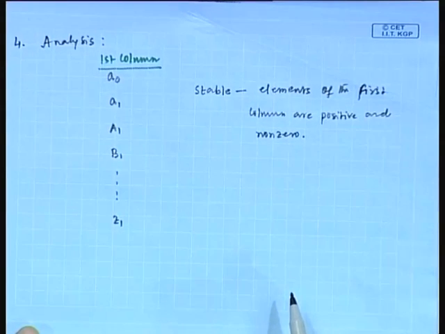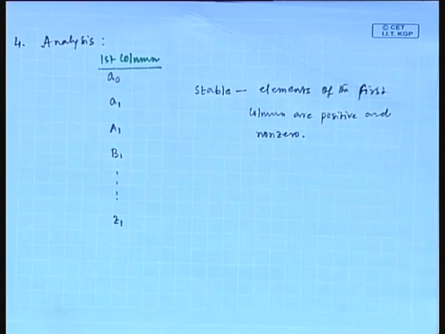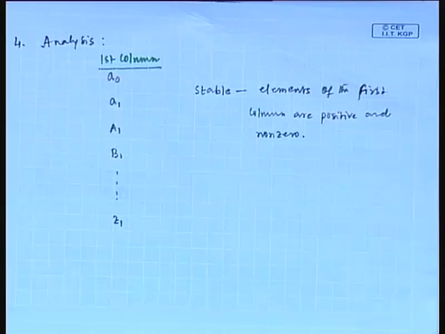Another point is, if any one element in the first column is negative, then at least one root has positive real part.